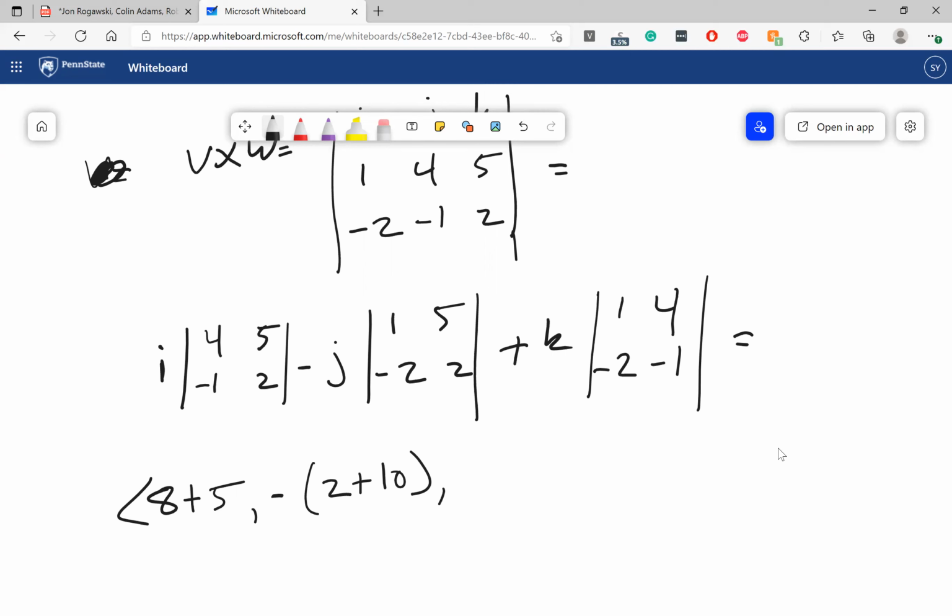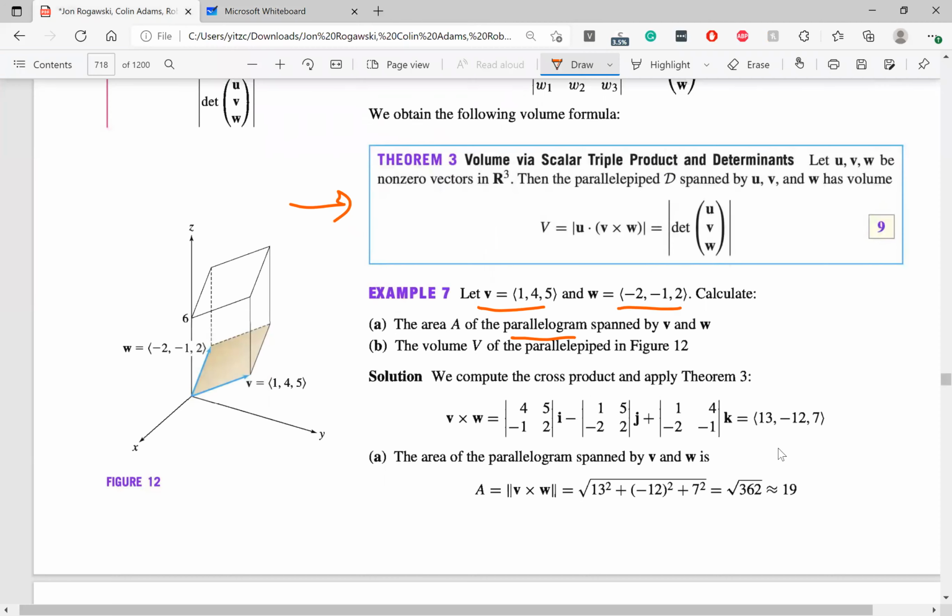And then our third component, we're going to have -1 plus 8, which is 13, -12, and 7. Okay, so 13, -12, and 7. Any questions so far?